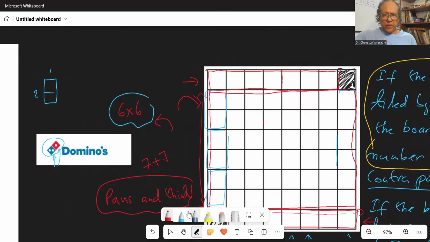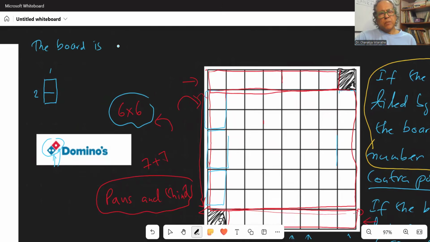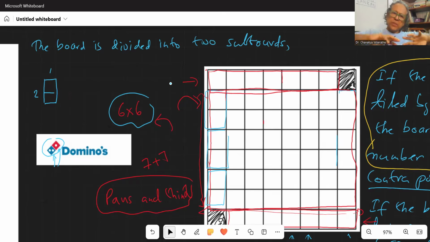Right. So the board is subdivided, divided into two subboards. So a subboard is actually a subset of the squares of this chessboard, right?